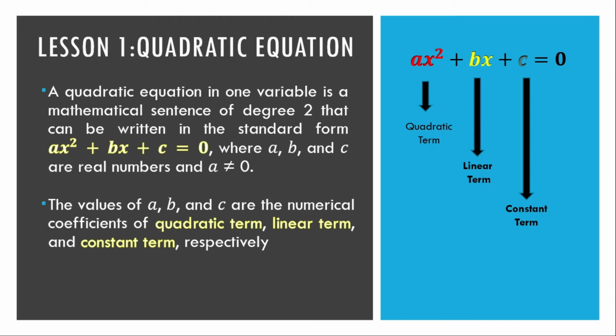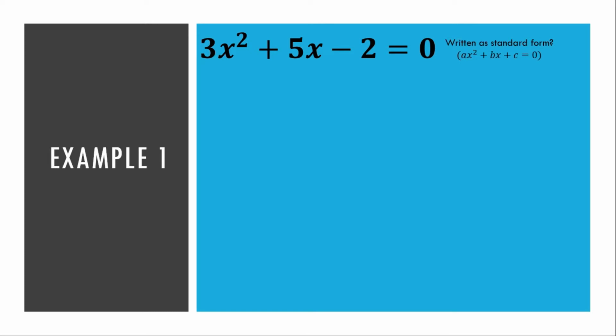So paano ba natin yan magagamit sa ibang example? So for example, we have 3x squared plus 5x minus 2 is equal to 0. So unang-una, tignan nyo, nakasulat ba yan as a standard form? Yung ax squared plus bx plus c is equal to 0. So nakasulat yan.